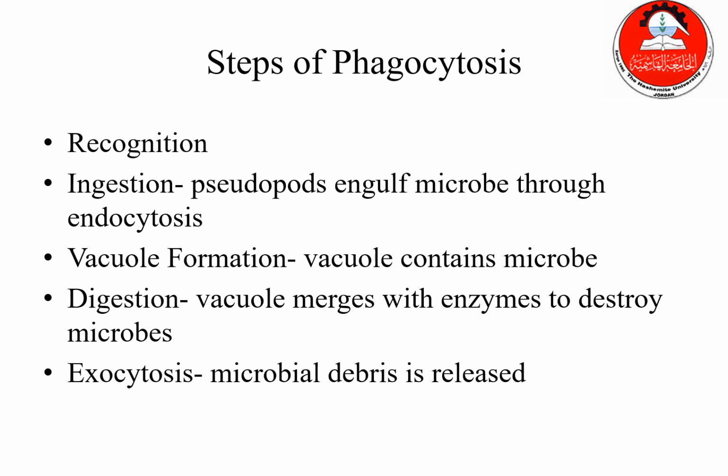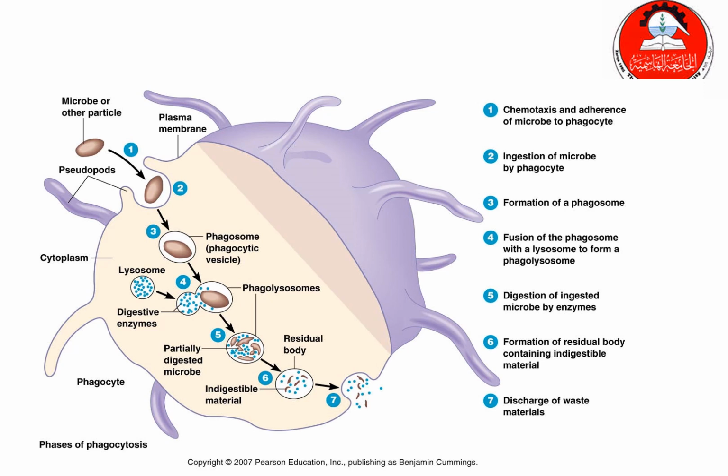Then a vacuole is going to form, containing the microbe or the pathogen. Then it is digested: the vacuole is going to merge with enzymes to destroy the microbe, and then the microbial debris is released and exocytosed. So these are the steps that we talked about.